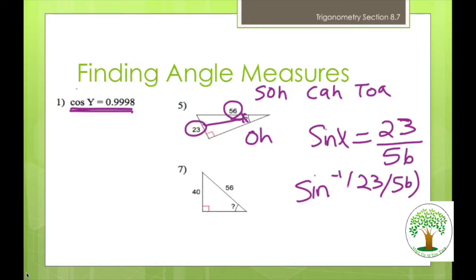Otherwise it will divide later. And I believe it says to round to the nearest degree again. And we're getting 24 degrees.